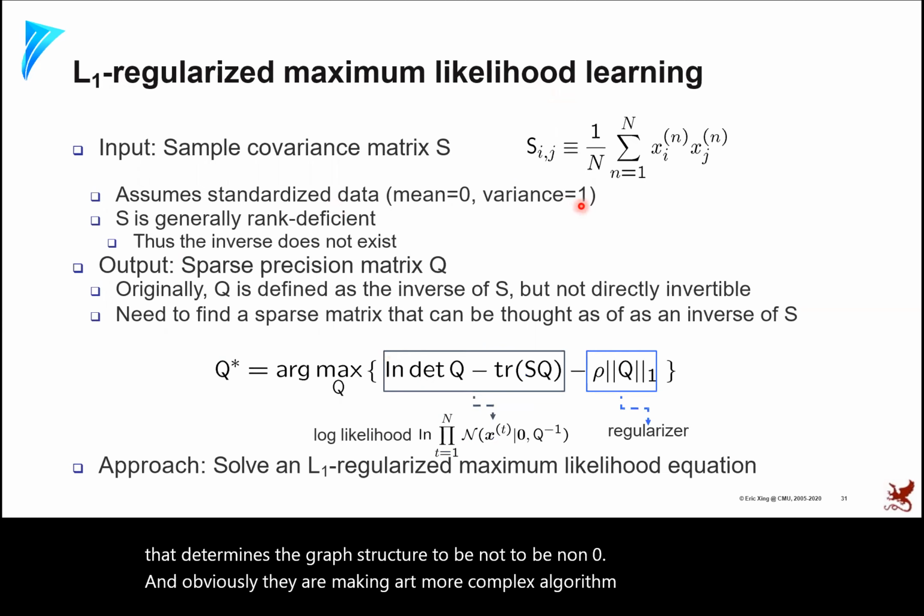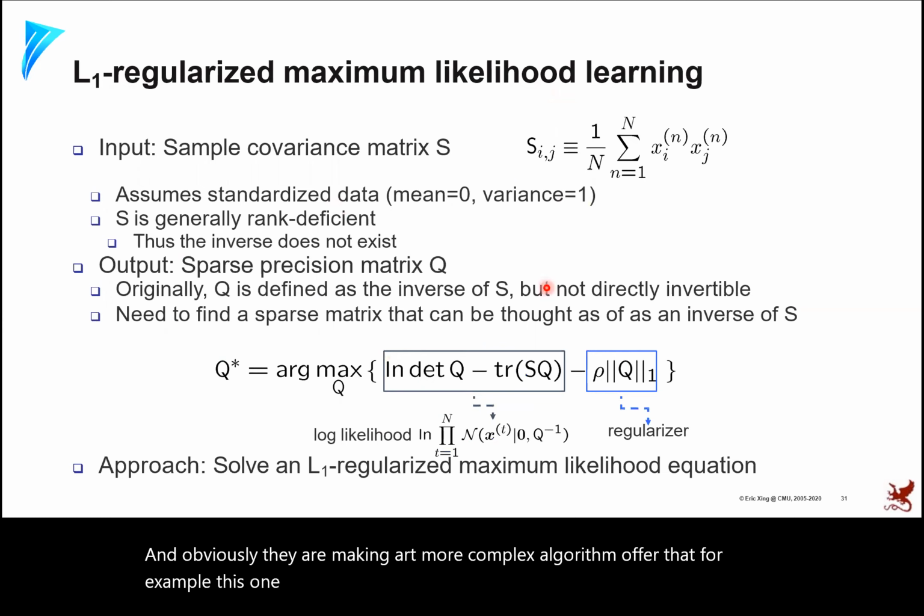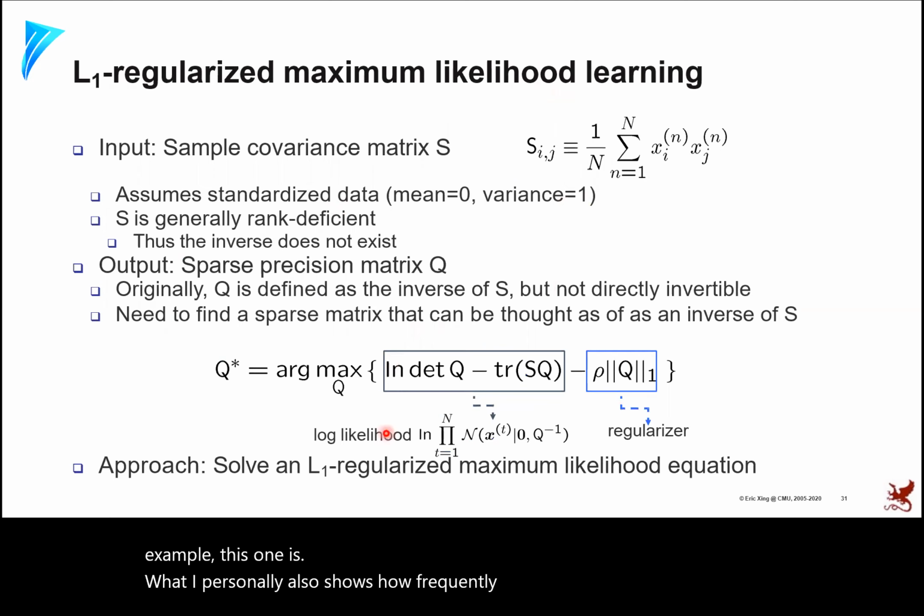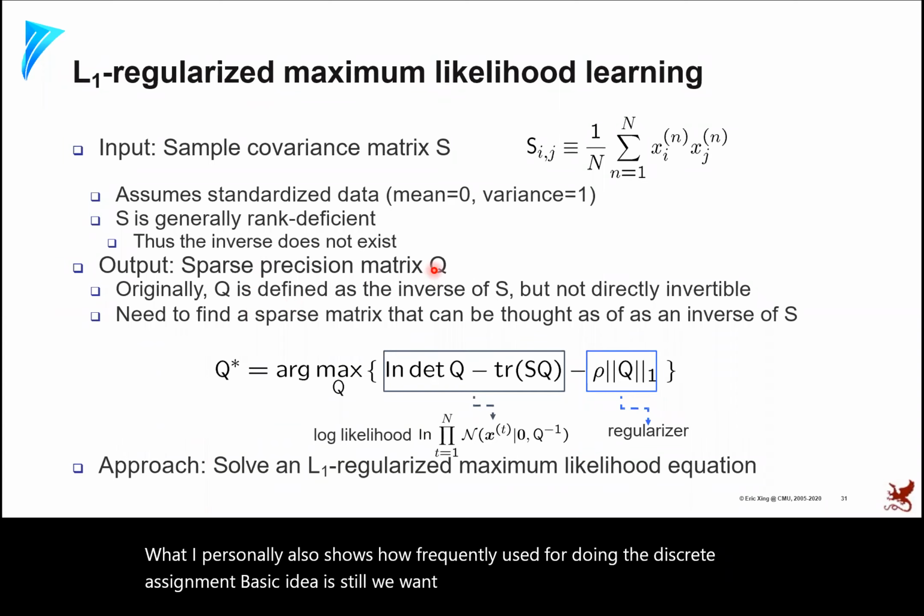And obviously, there are many more complex algorithms after that. For example, this one is what I personally and also Shichang frequently used for doing the discrete assignment. The basic idea is still we want to calculate a sparse precision matrix.